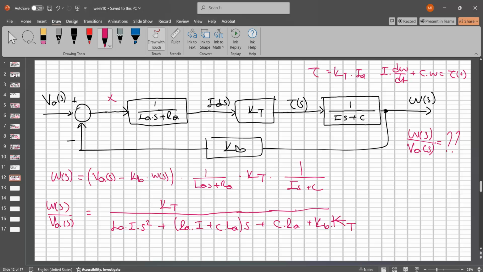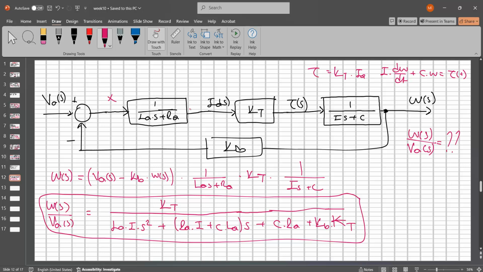Okay, these are the basic transfer function for a given voltage value, how much it increases WS, the angular speed value in here. Okay, you must solve it, it's important.